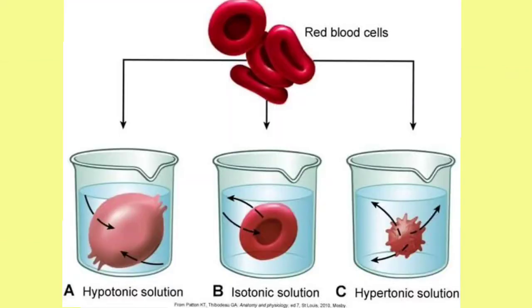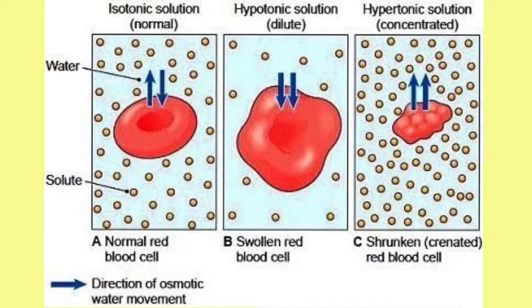It means, what will happen if any cell is kept in different types of osmotic solutions? These solutions are based on the concentration of solute in water. And the solution can be related to the cell as isotonic, hypotonic and hypertonic.